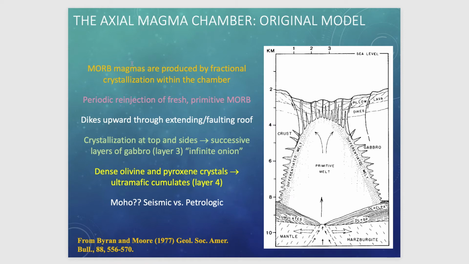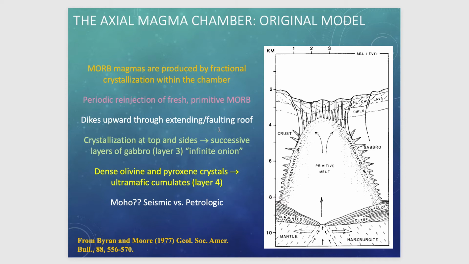Tholeiites are the dominant product, and they are produced by fractional crystallization within the magmatic chamber itself. So we have periodic reinjection from the bottom here of a primitive MORB. You could think of a picritic composition, for example.